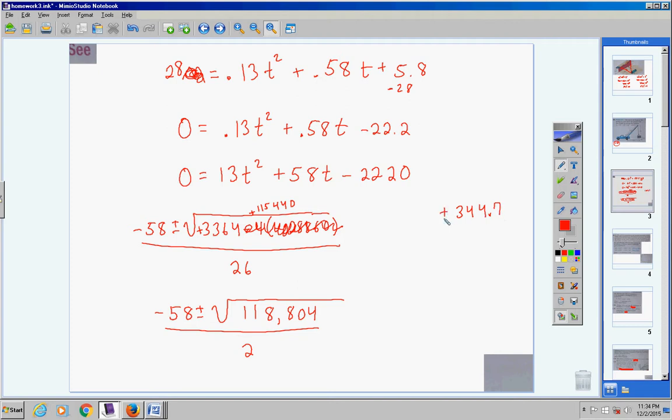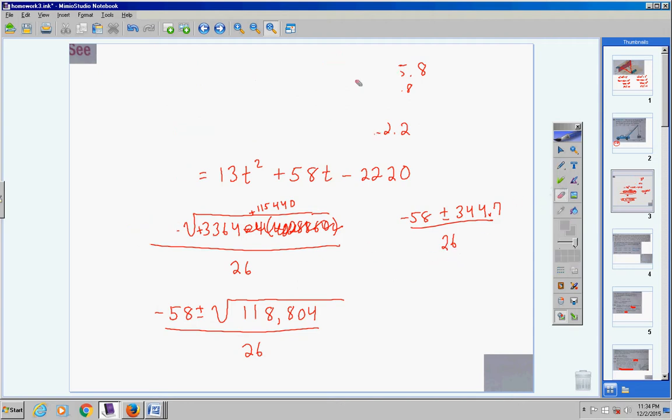So 344.7, plus or minus in front of that, negative 58, all over... No, I said 2. That'd be a 26, wouldn't it? All over 26. Alright. Now, we have negatives. Let me get some space here to work with.